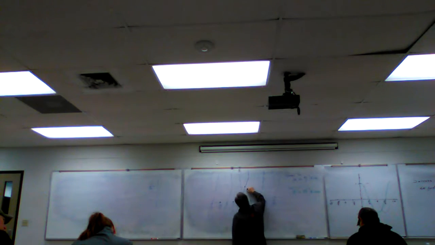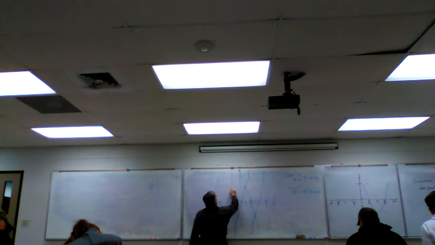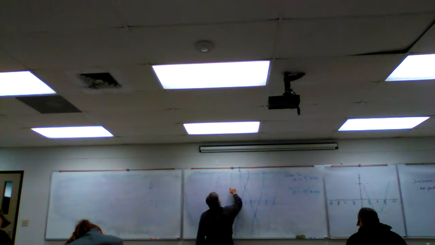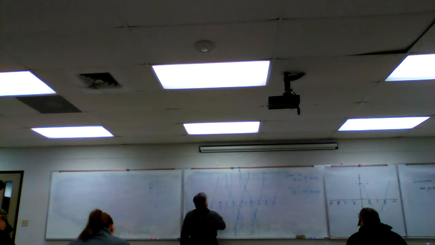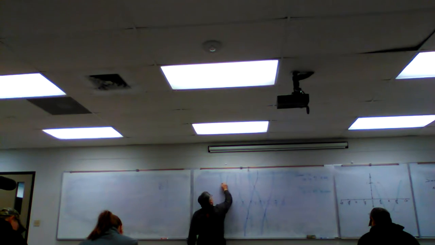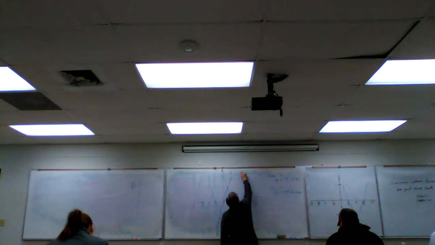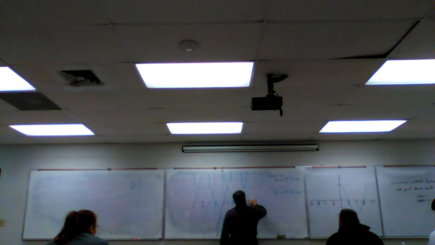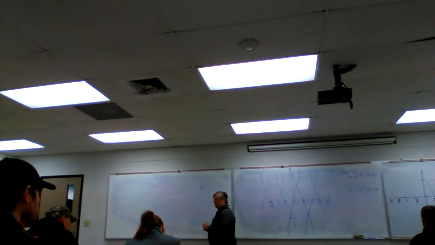Same here. And what you can do is go along here, and everywhere that the tangent is 1, the cotangent is also 1. And there's the graph of your cotangent.